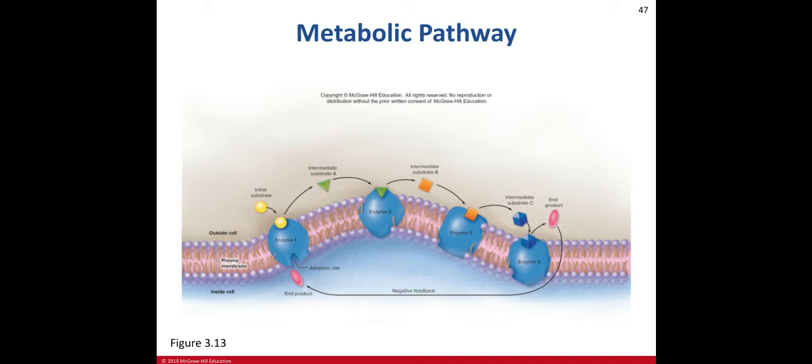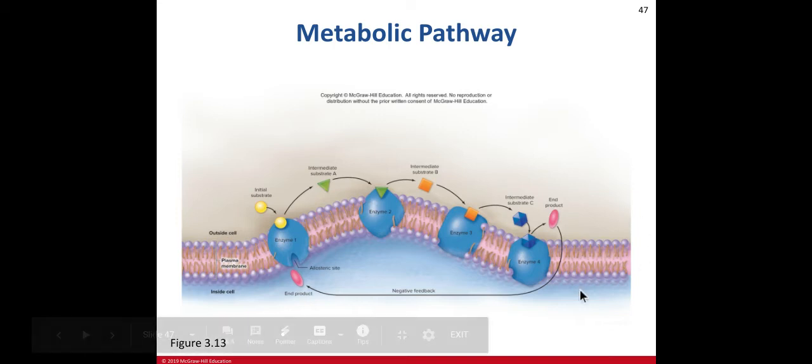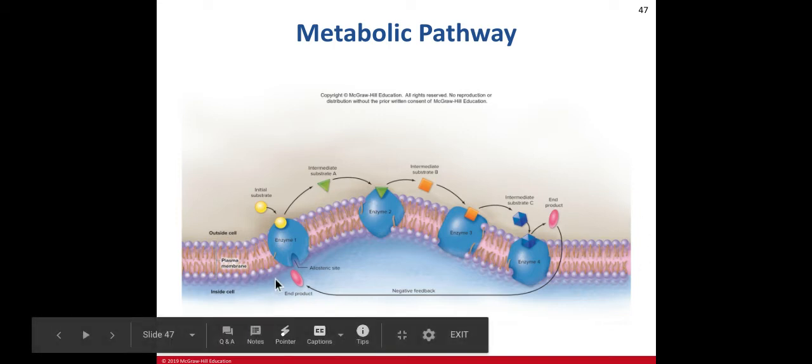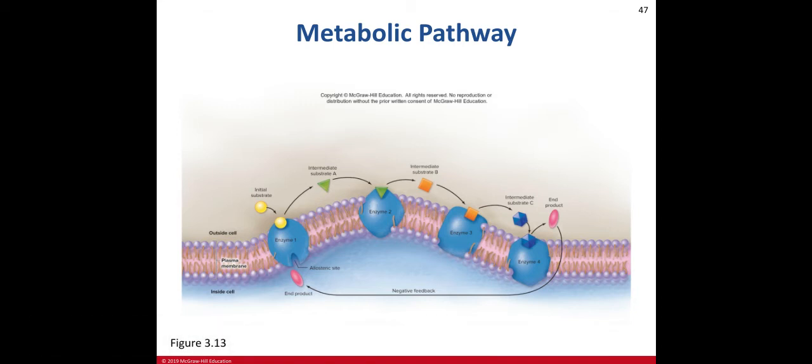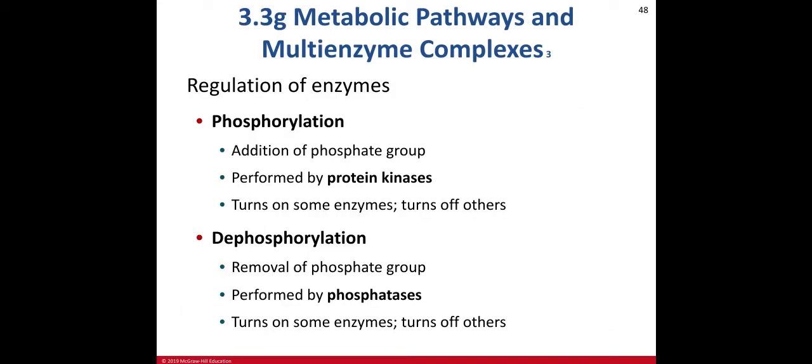But if we start to accumulate too much of it, then that end product can stop enzyme number one. It becomes the allosteric inhibitor. And then we don't keep this pathway going until we need more of that end product again. And then we can release that allosteric inhibitor and we can start the process over.